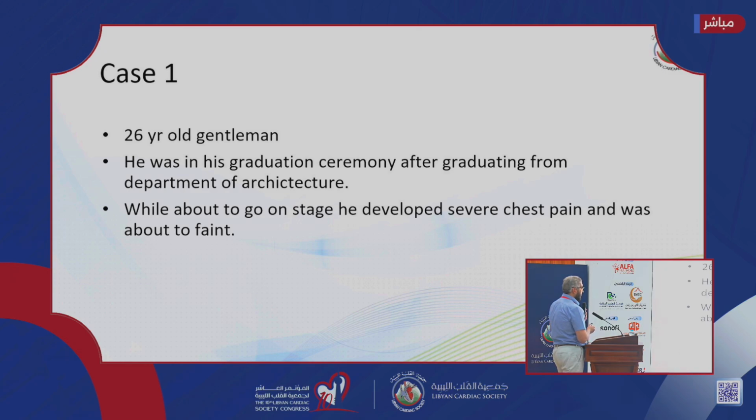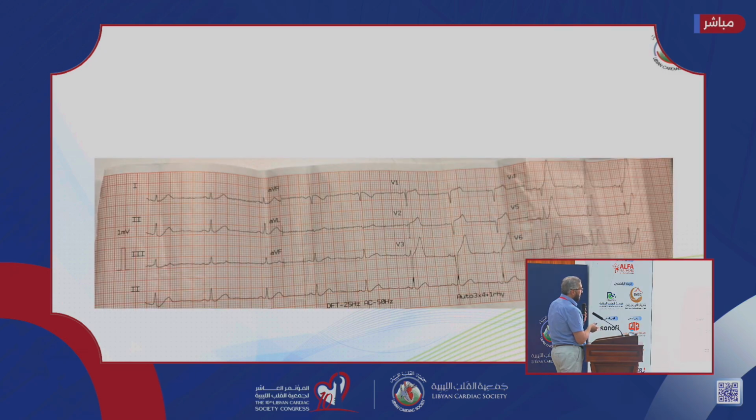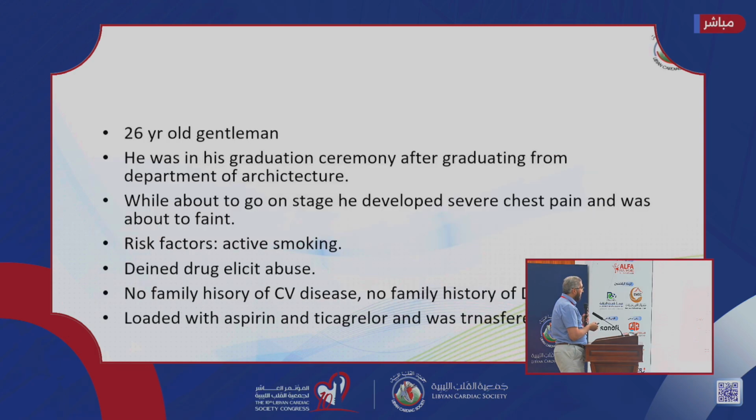While about to walk out, he developed severe chest pain and was about to faint. He went to a different hospital, was diagnosed with MI, and came to us 2 hours after his chest pain. His ECG showed anterior ST elevation myocardial infarction, and a quick echo showed akinesia in the LAD territory.